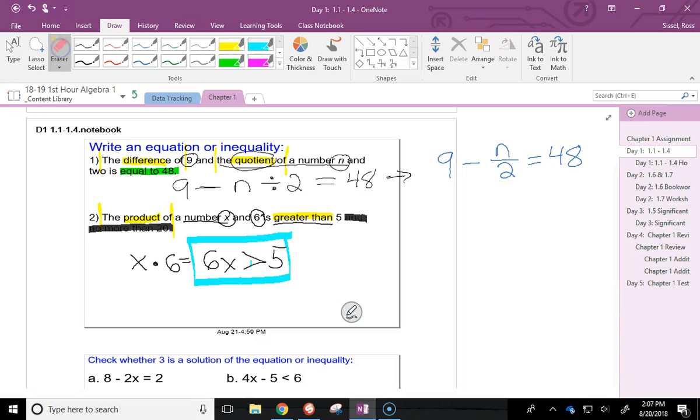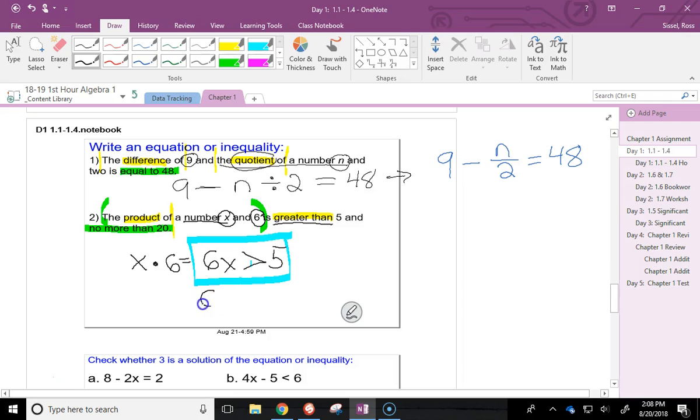Okay? Now I'm going to go ahead and do this second part. And the second part is actually going to take place from here. The product of a number x and 6 is no more than 20. Alright, so I stick with the beginning. The product of a number x and 6.